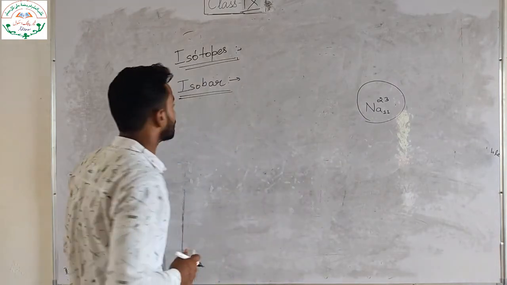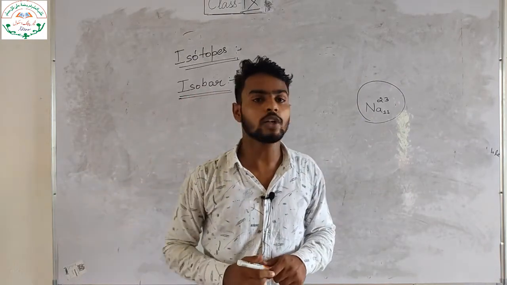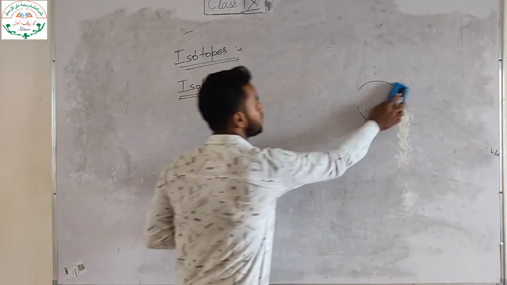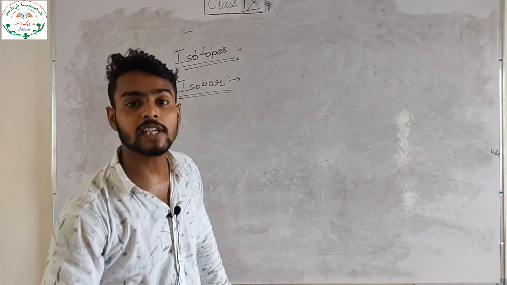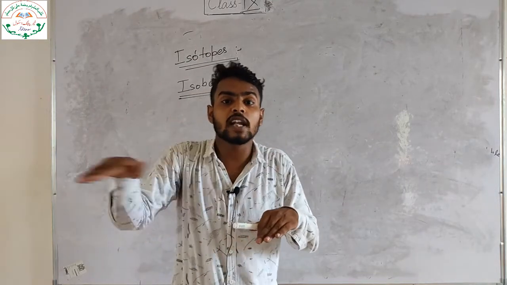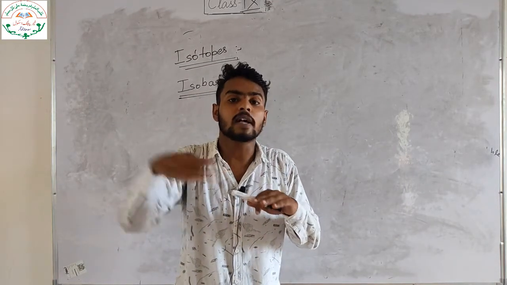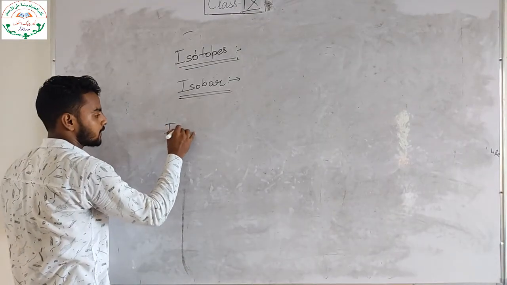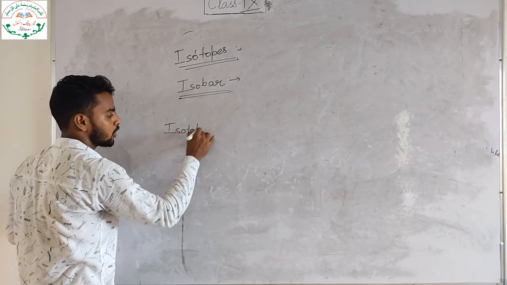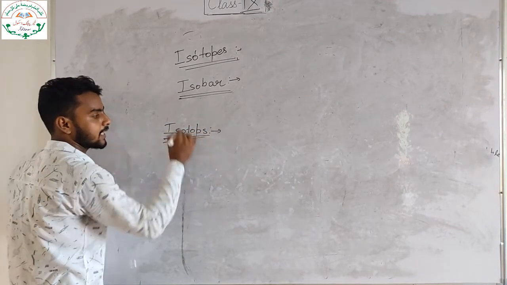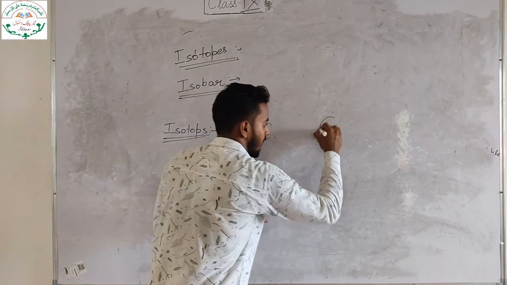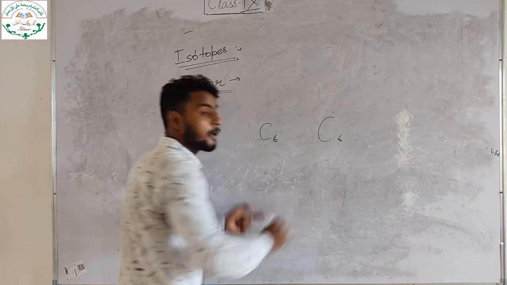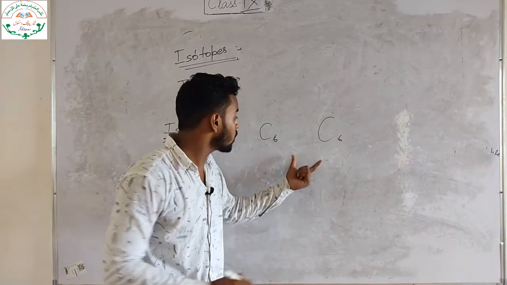Okay, now we are going to know about isotopes and isobars. Isotopes are those elements which have the similar atomic number but different atomic masses. Let's take an example of isotopes: carbon. The atomic number of carbon is 6 in both cases.